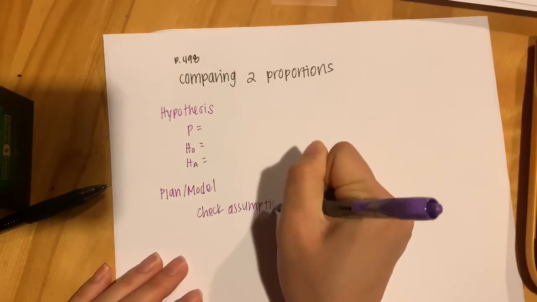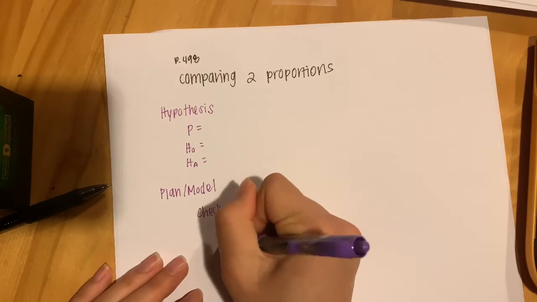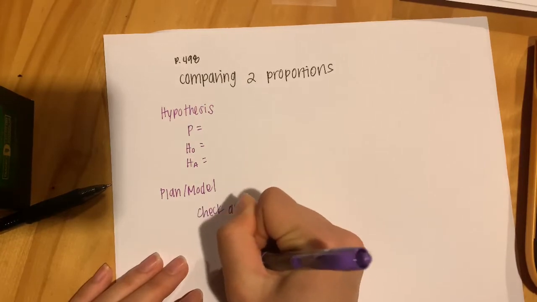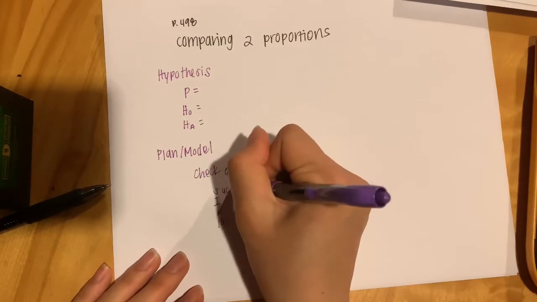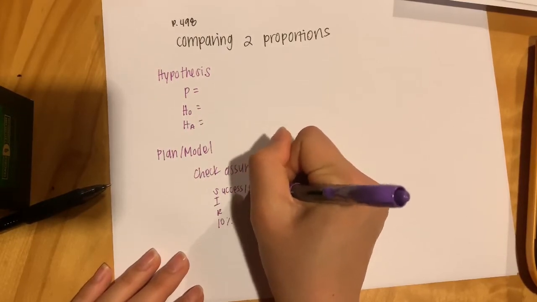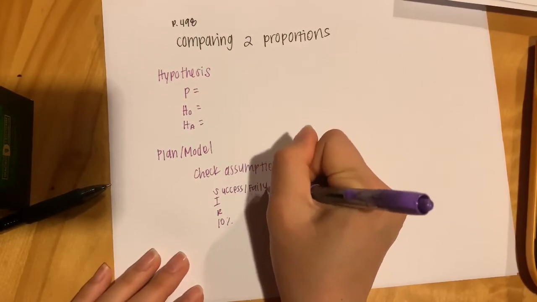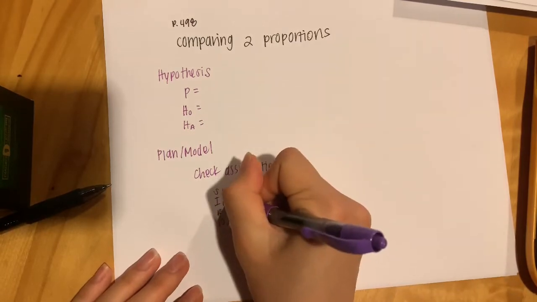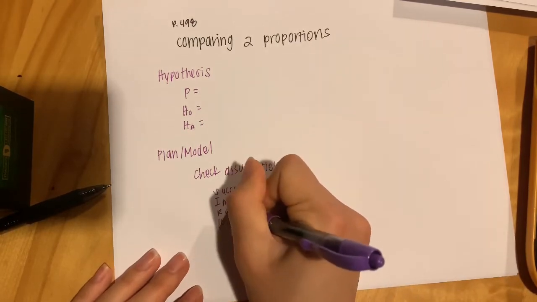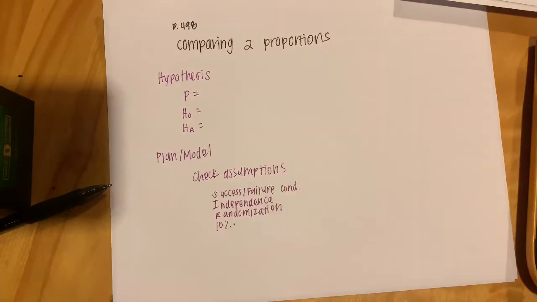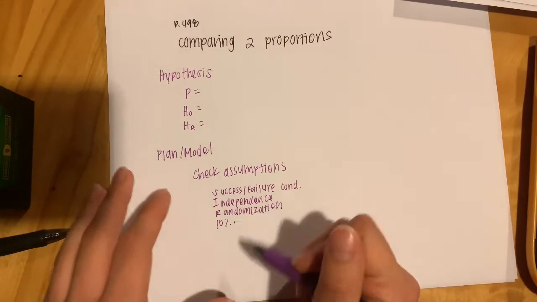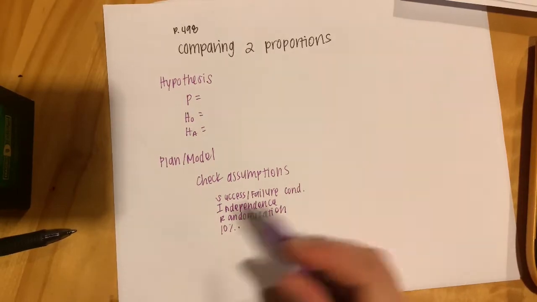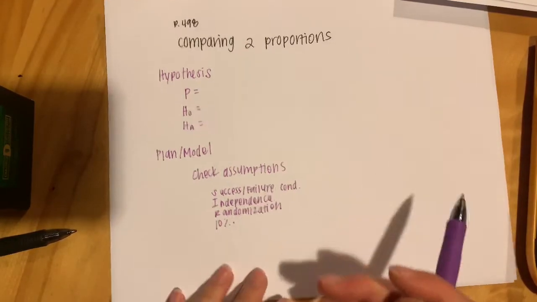So for proportions, we're going to be using certain conditions. So this is going to be the success failure conditions. This is going to be independence, randomization, and then the 10% is going to be if the population we're given is less than or equal to 10% of the whole population.